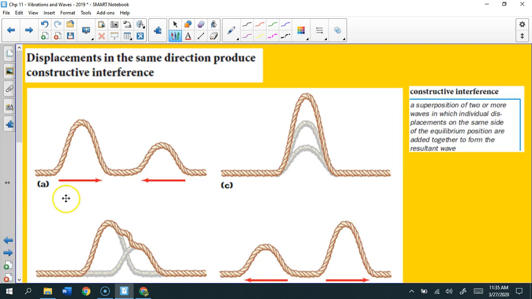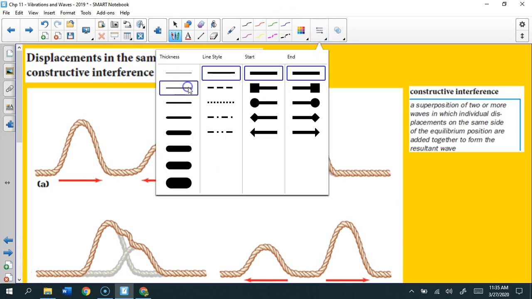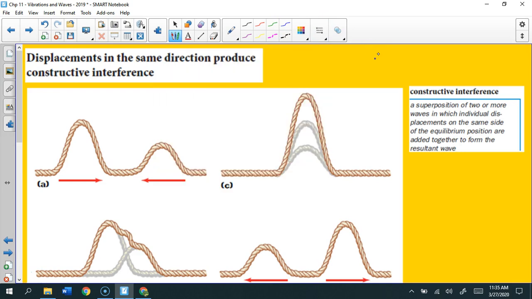So when we talked about constructive interference, here's what was really happening. This is a picture that's not moving, and it actually helps because the other one kept moving and it was not possible for me to pause it, but that can also lead to some misunderstandings. So what I want you to understand is, in constructive interference, let's suppose from equilibrium this wave is 10 units, and let's suppose this one is 3 units.